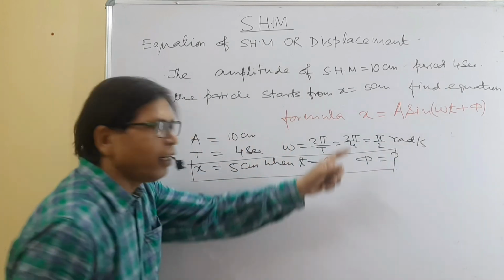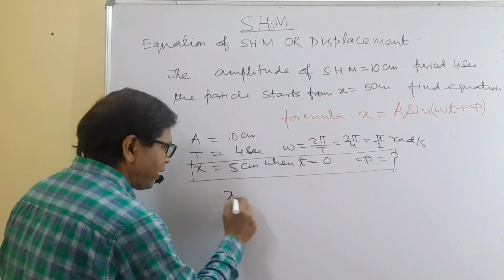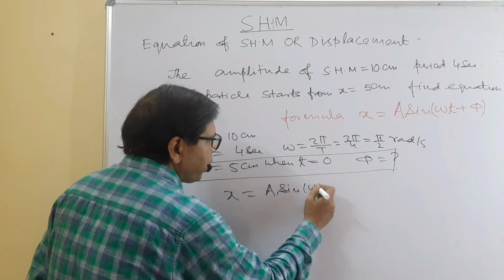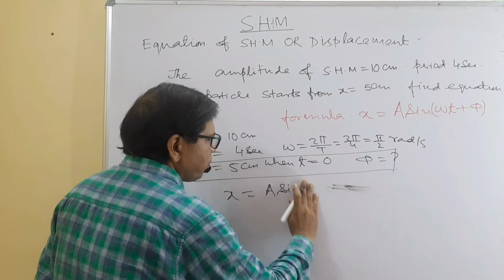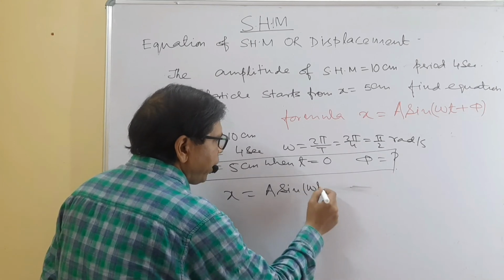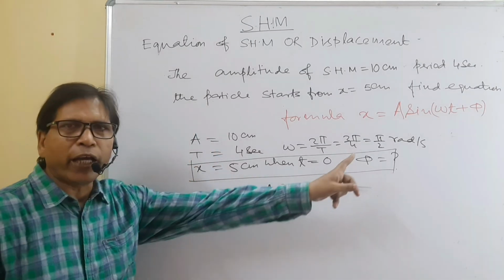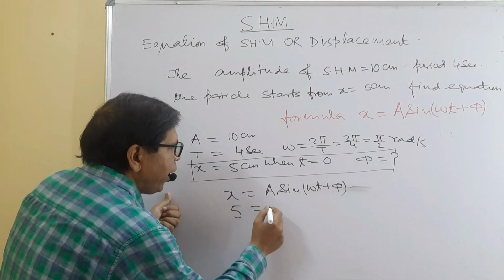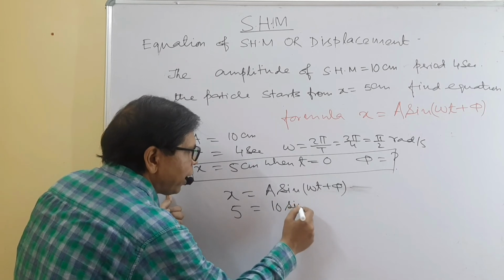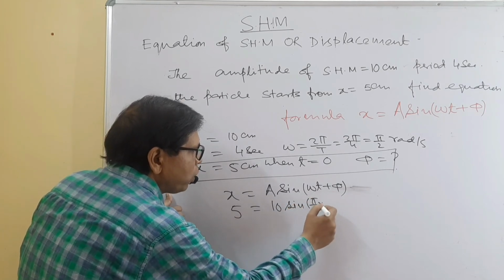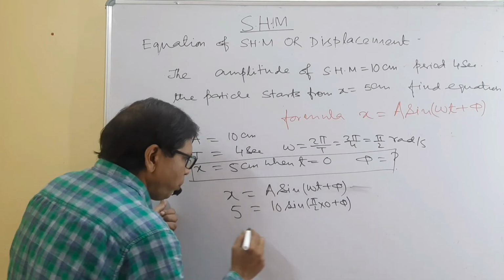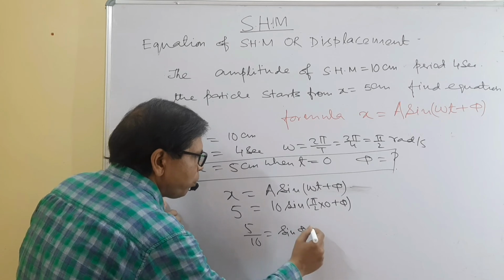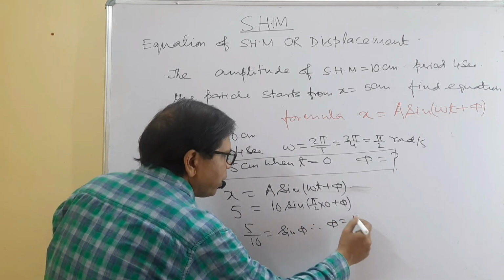Now equation of SHM, x equals A sin(ωt + φ). Now we have to calculate φ from this condition. Look at this, this is the 5 and A equals 10, and this is sin(π by 2 into 0 + φ). Therefore look at this, 5 by 10 is equal to sin φ. Therefore φ equals π by 6.